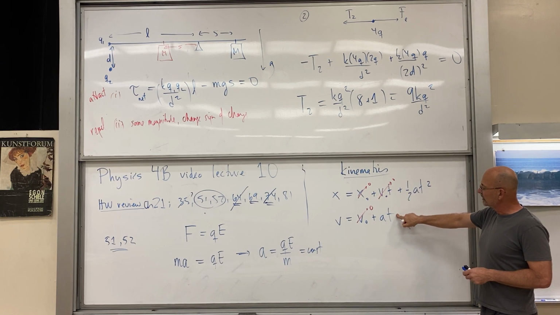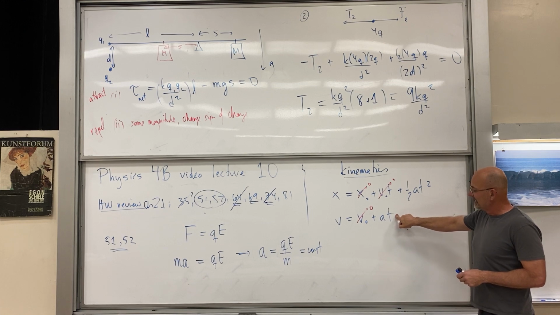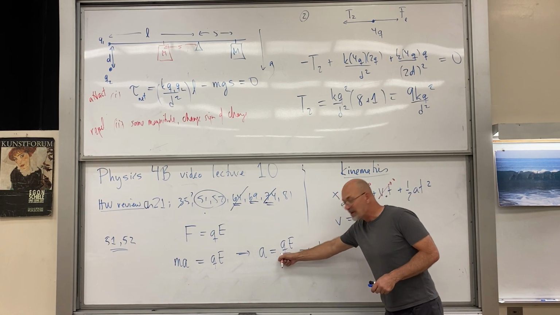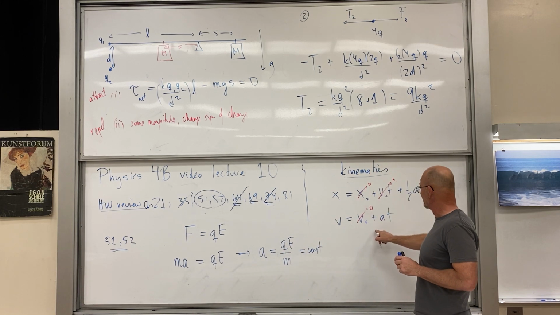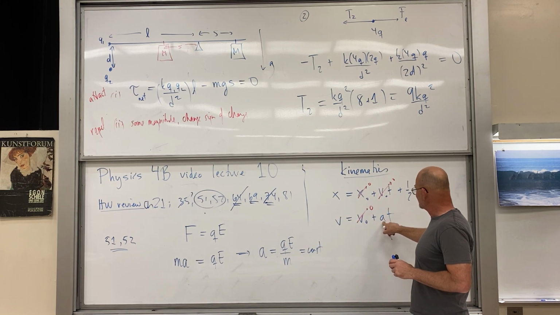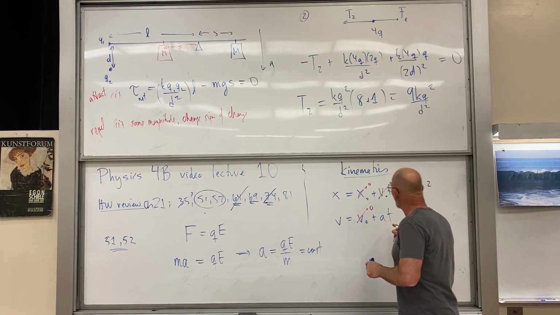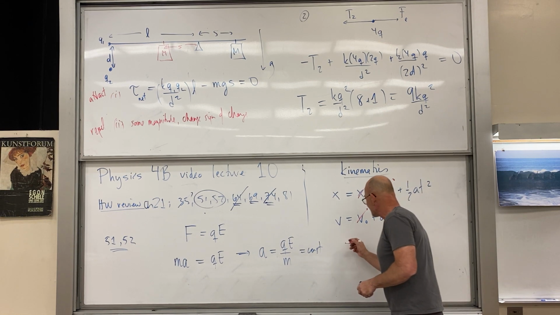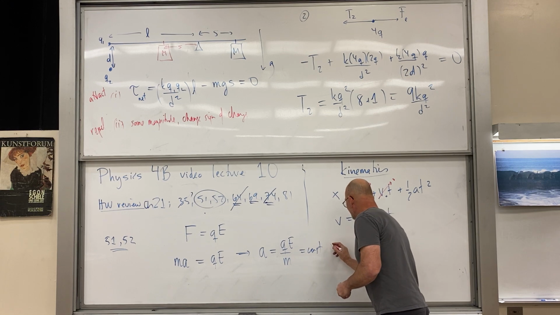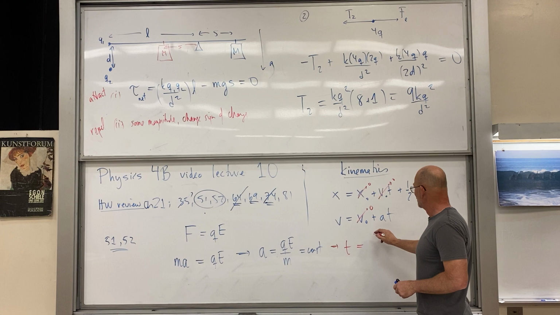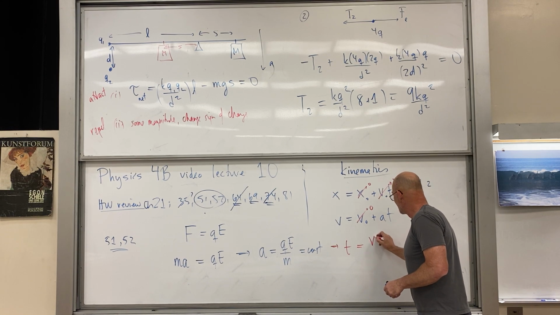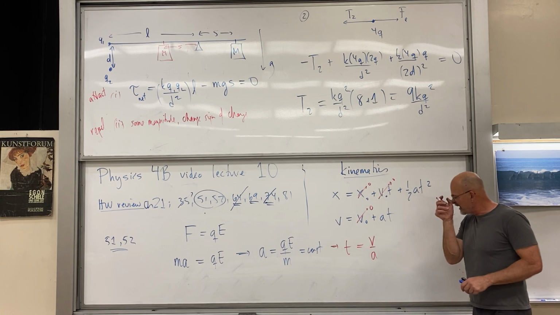So from this first equation here, remember the acceleration, when you're done, you have to plug those numbers in. We're not done yet. Okay. So the acceleration, the time it's going to take now, given that acceleration, we're going to get t is equal to v over a, and I could call it v final over a.